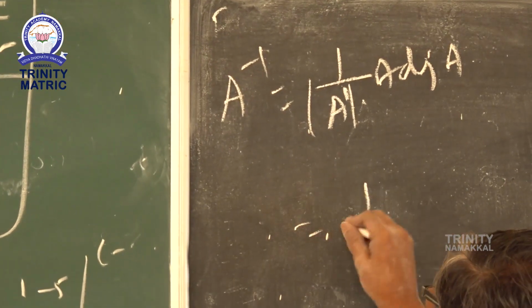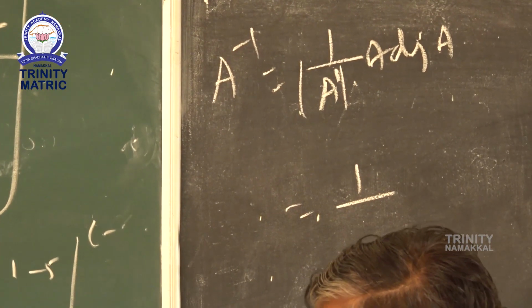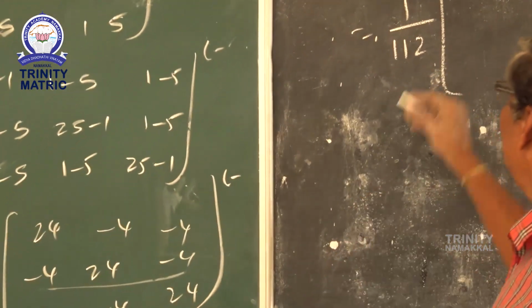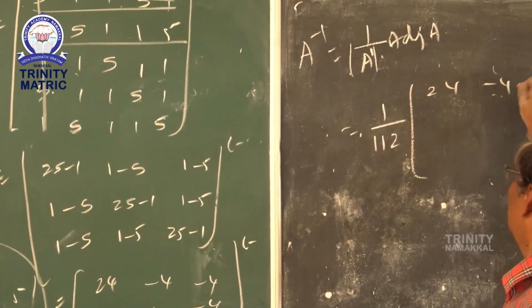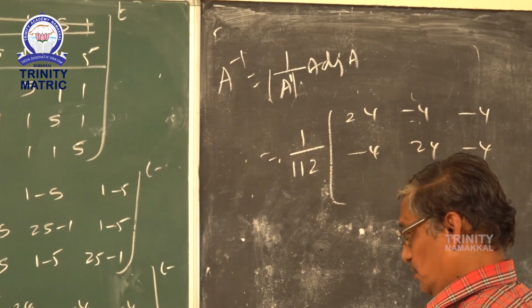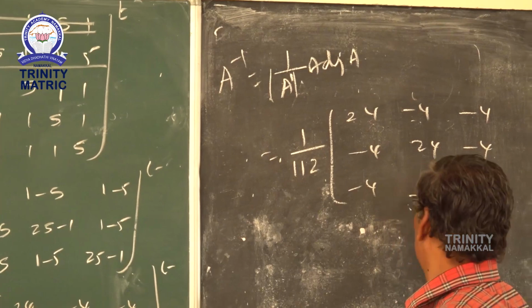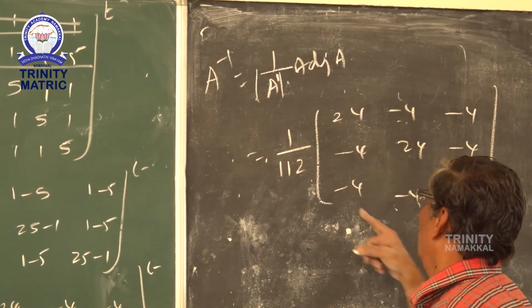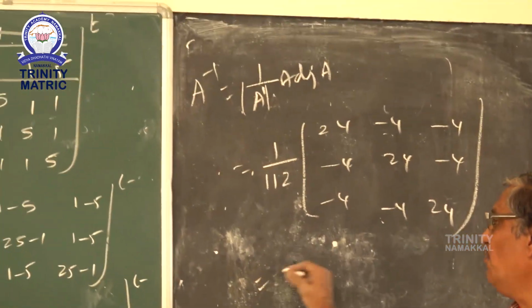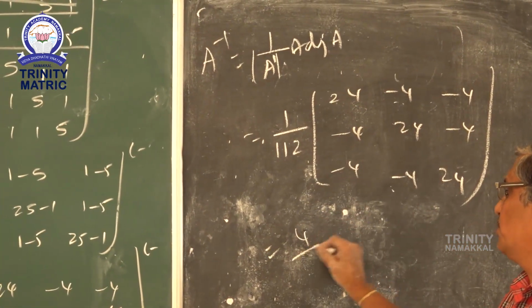That is 1 by determinant value, 112. Then adjoint of A is, what is that? 24, minus 4, minus 4, minus 4, 24, minus 4, minus 4, minus 4, 24. When you look over these three rows, all are multiples of 4. You can take 4 out.